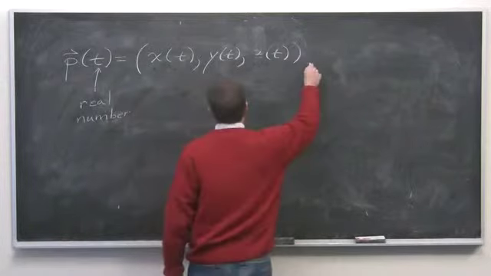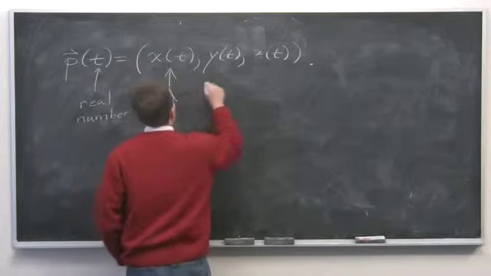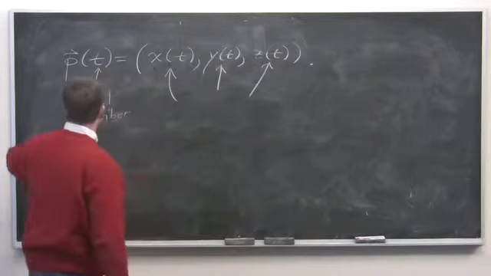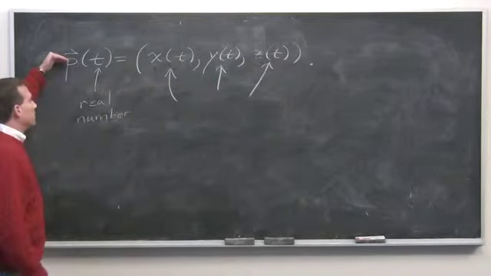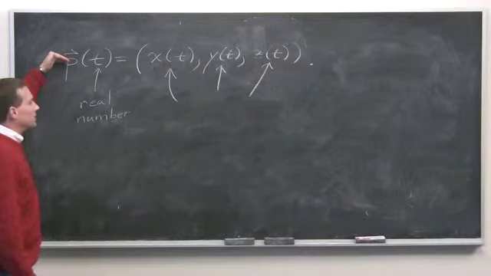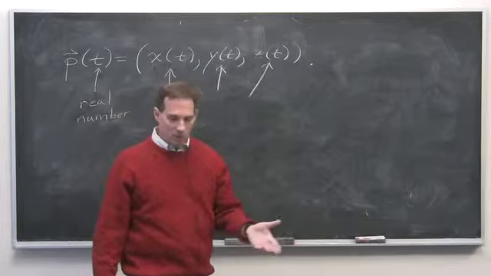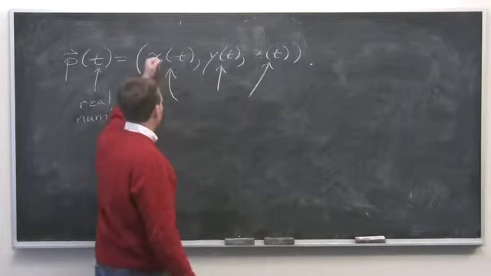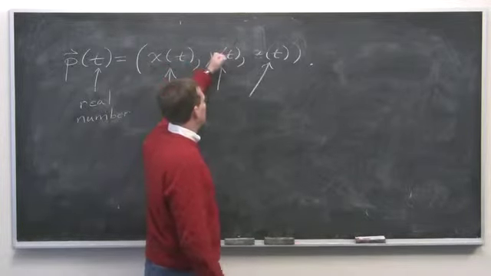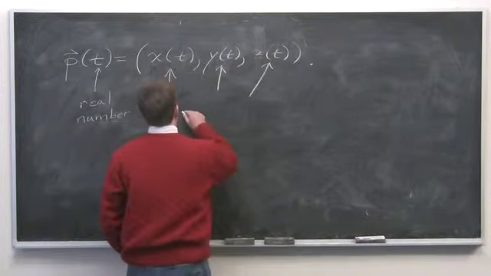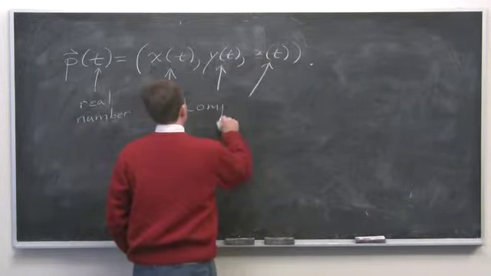These are called the component functions of p. Think of this as your position, maybe the position of some object in space at time t. To specify the position of some object in space at time t, you specify its x-coordinate at time t, its y-coordinate at time t, and its z-coordinate at time t. So these are called the component functions.